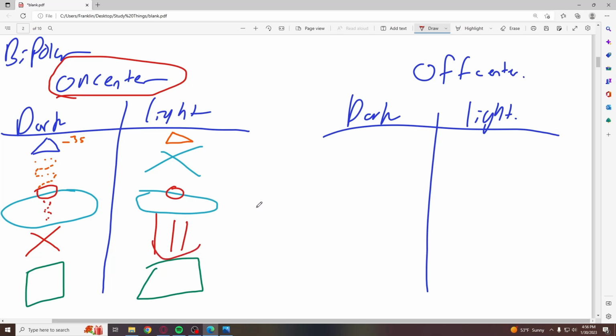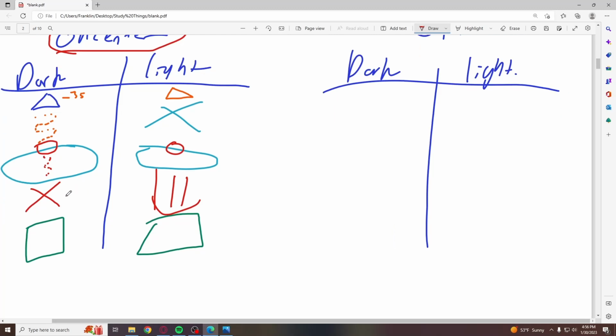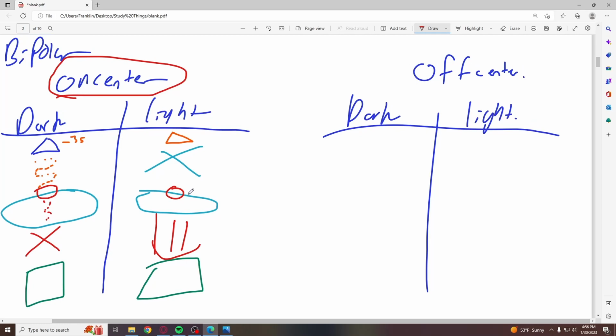The bipolar cells would be releasing glutamate normally, and since there's nothing to stop it, it will fire to the ganglion, and the ganglion will fire an action potential.